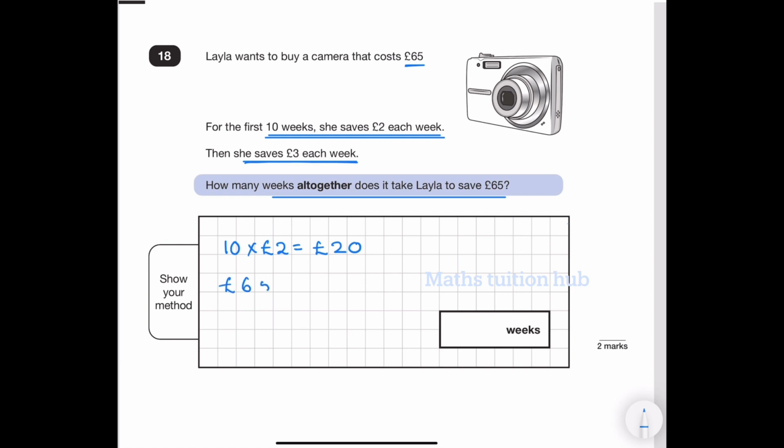So let's find out how much is left after 10 weeks. So she needs 45 pounds after 10 weeks. So she is saving now 3 pounds each week. So divide 45 by 3.